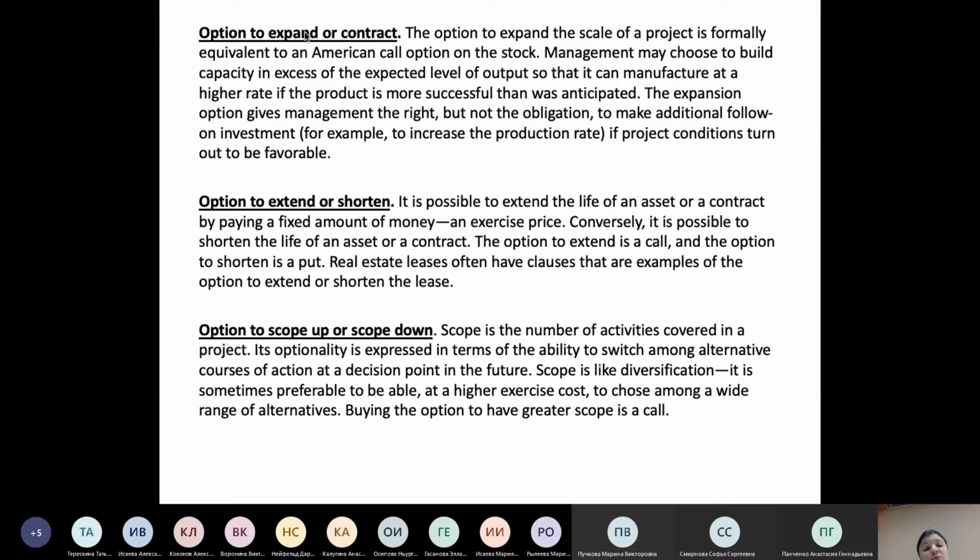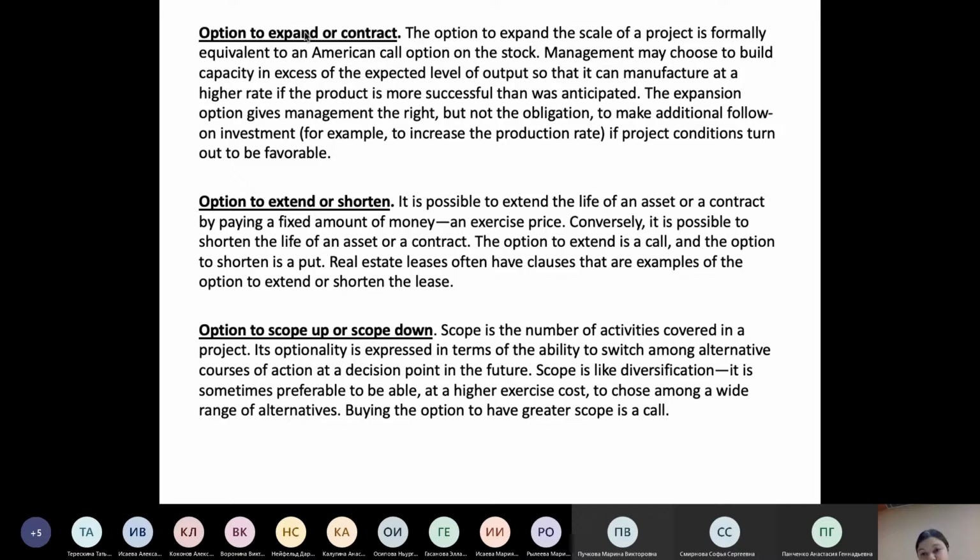It's possible to shorten the life of an asset or a contract, and to extend as a call option, to shorten as a put. But in this context, the option to shorten the project is a very classical example of real options, as you can notice.